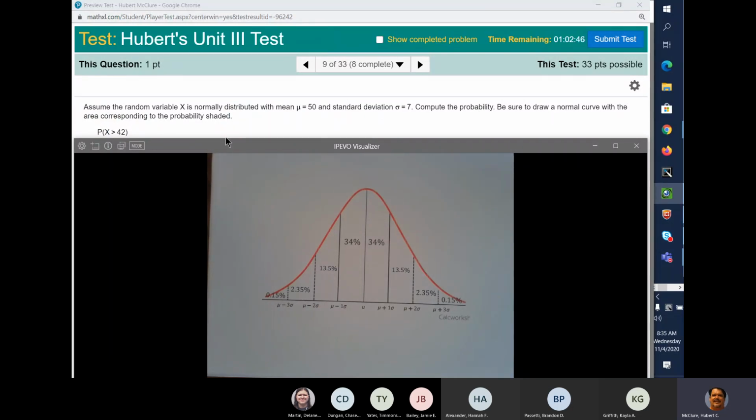All right, so here is my 50, 57, 64, 71, 43, 36, 29. And they want to know the area or the probability that a number is going to show up above 42.